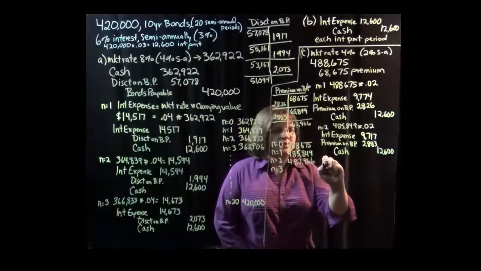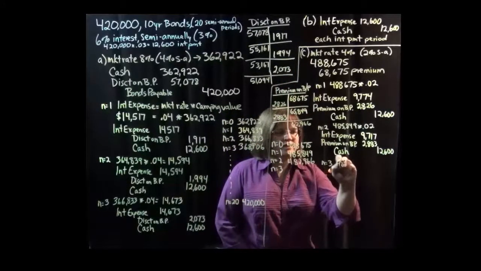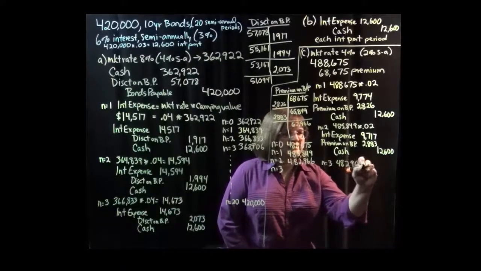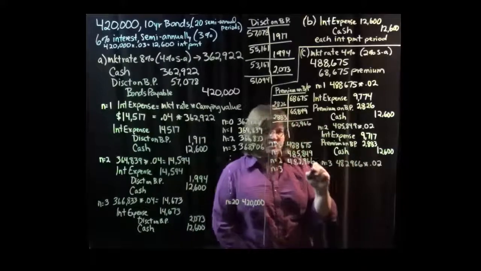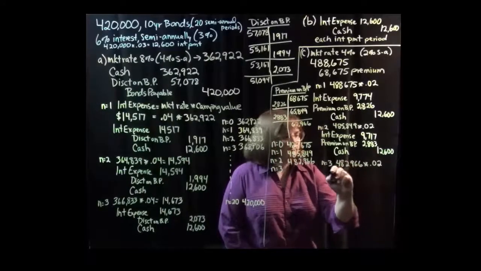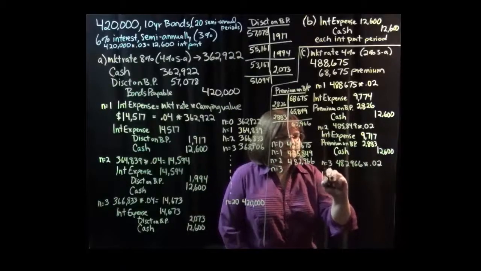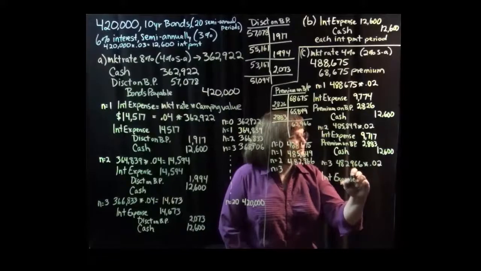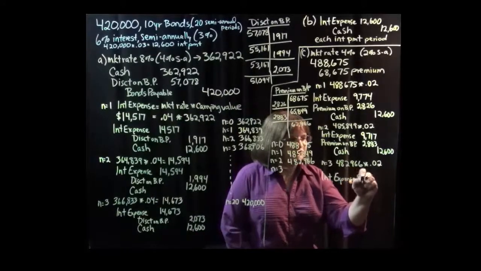For the third interest payment period then, we take that $482,966 and we multiply that times the semi-annual market interest rate of 2%. That's going to give us our interest expense, which is $9,659.